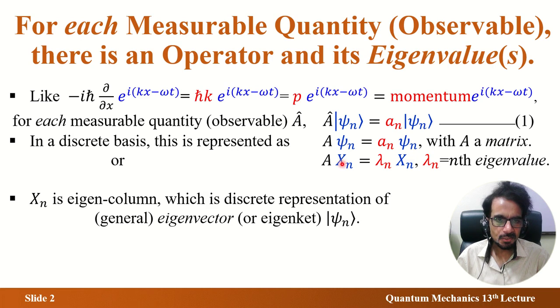Rather than psi, call it x, and rather than a, call it lambda. Hopefully you can recall this lambda is eigenvalue, nth eigenvalue, and x, maybe you have been saying nth eigenvector, but I suggest you change your terminology.